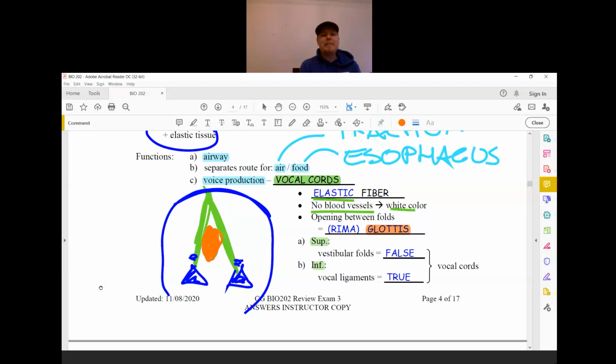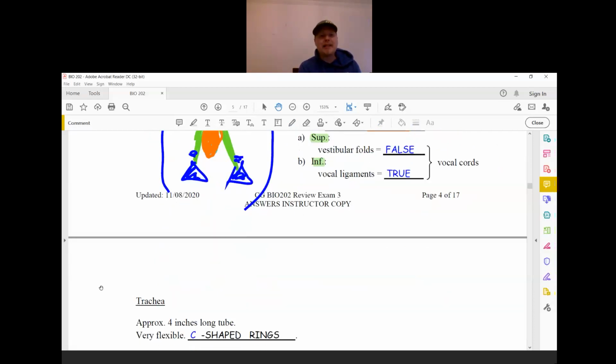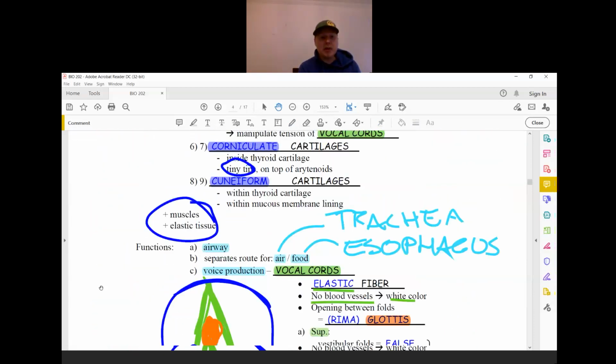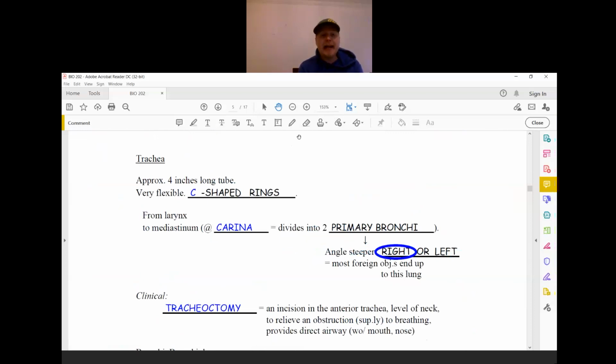So I think that we're pretty good with our discussion on the larynx. Let's move on to talk about the trachea a little bit. The trachea is about 4 inches long, a tube running from the bottom of the larynx all the way to where we then divide further into the respiratory tree.